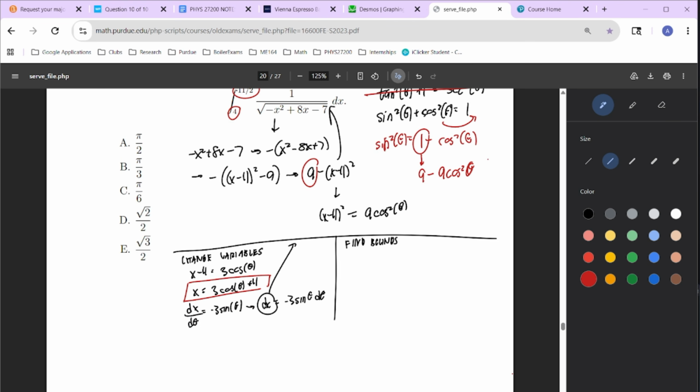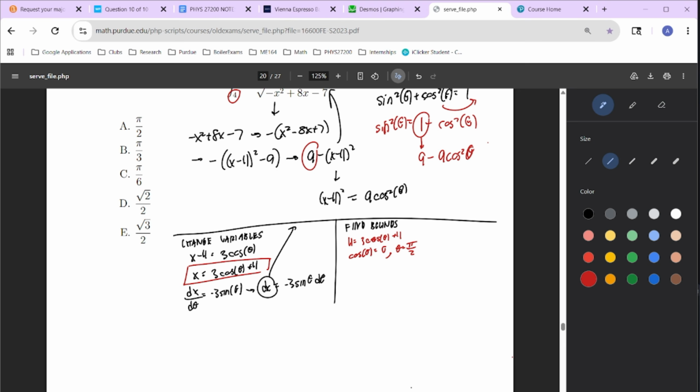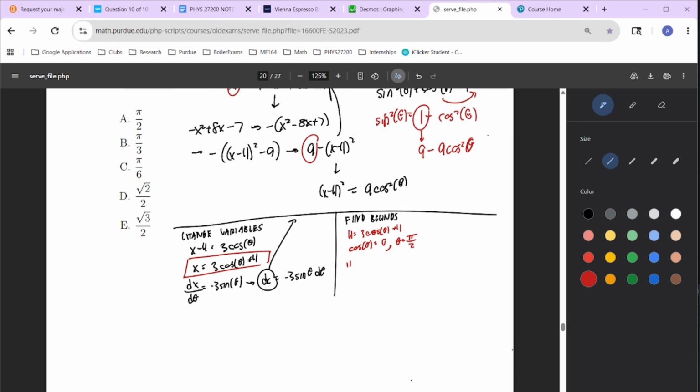So first for the lower bound we have 4 is equal to 3 cosine of theta plus 4, well, cosine of theta must be equal to 0. Theta then must be equal to pi over 2, because it's the first possible theta value that produces a cosine value of 0. The second one is 11 halves. 11 over 2 is equal to 3 cosine of theta plus 4.